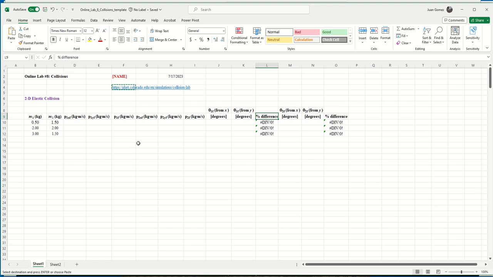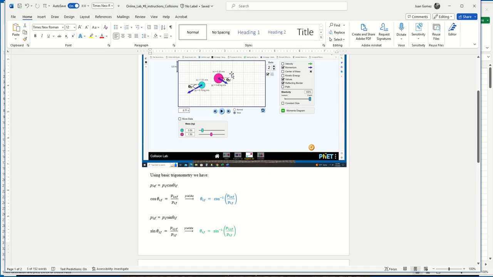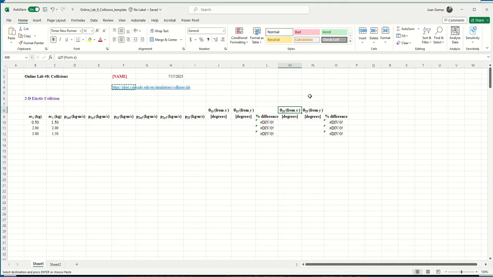Likewise, we're going to do the same thing for M2. Theta 2 final, again, look at the instructions. That's the angle that V2 final makes with respect to the x-axis. And again, we're going to obtain it using both the trigonometry as applied to the x direction and then trigonometry applied to the y direction. Again, percent difference between the two theta final values.